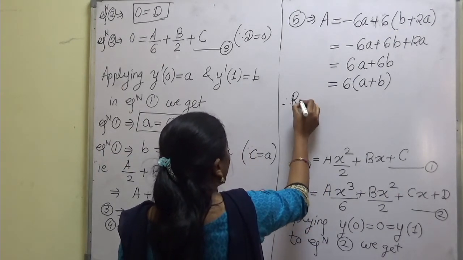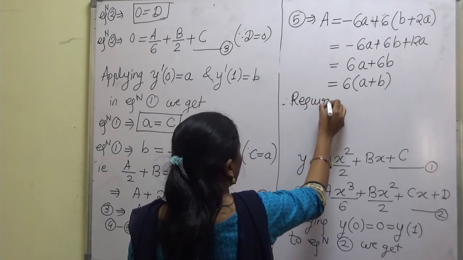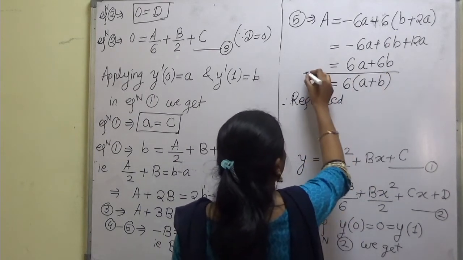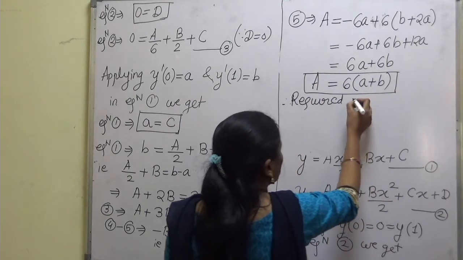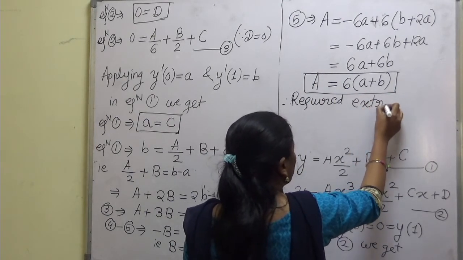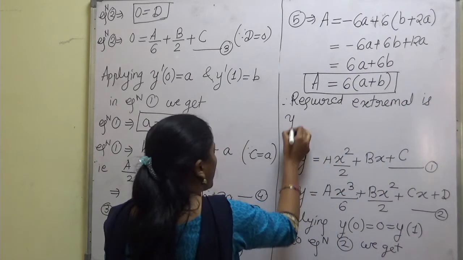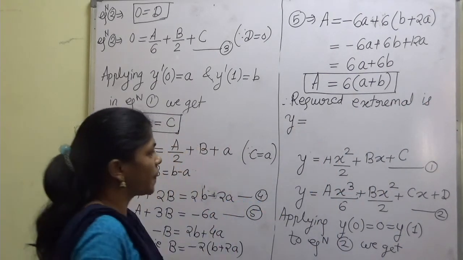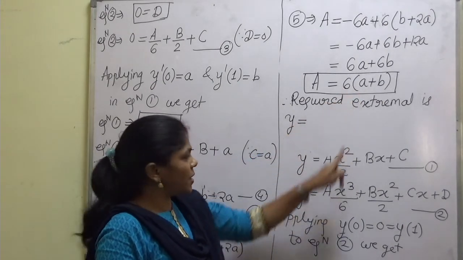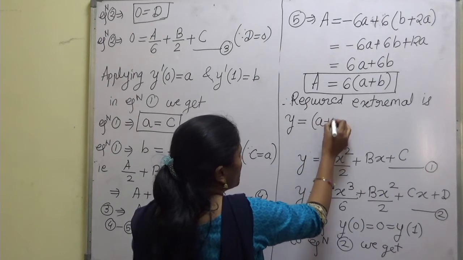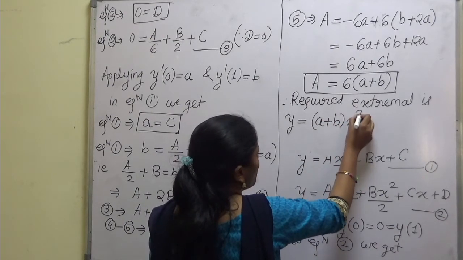Therefore, the desired or required extremal is y is equal to a, that is 6 times a plus b upon 6, 6 is cancelled. So what we have? a plus b times x cube.